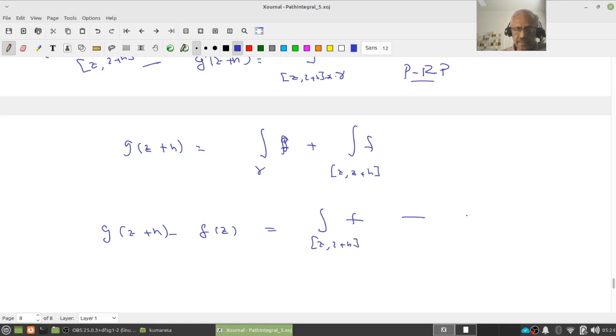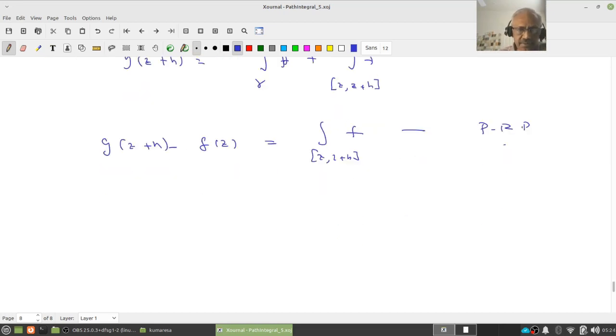Do you understand? Therefore g of z plus h minus g of z, divided by h, is 1 by h times the integral from z to z plus h of f.